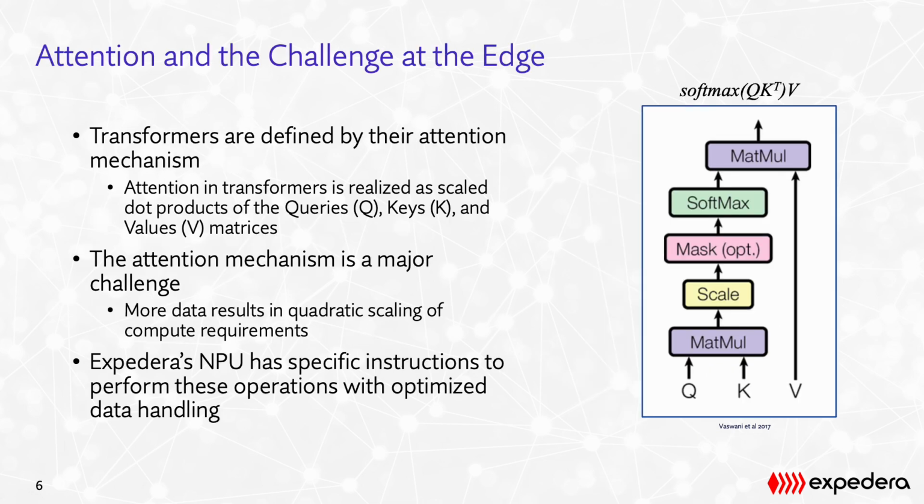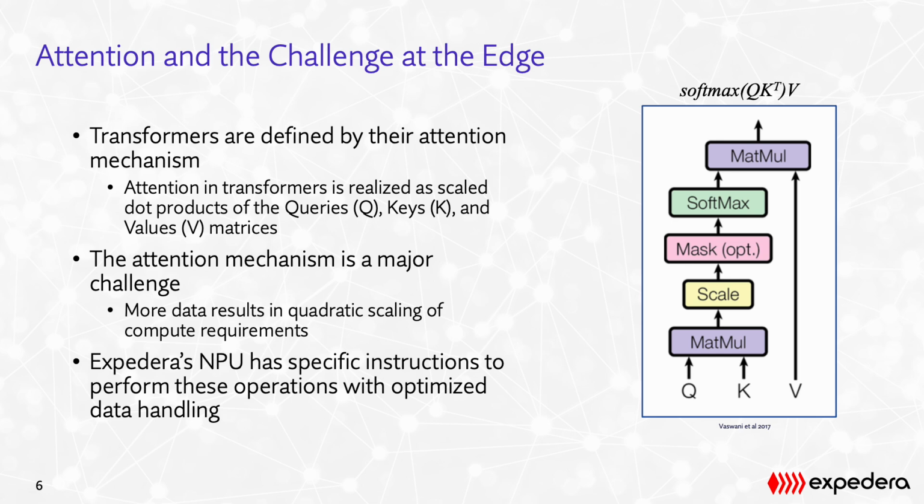So we said that attention is one of the main defining features of these models. This is showing what that actually looks like in practice. Now, it's going to be realized as a scaled dot product of queries, keys, and values matrices.